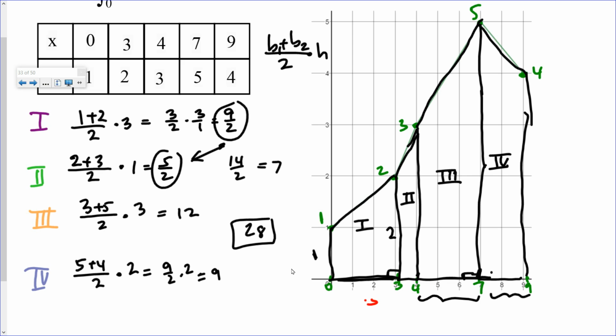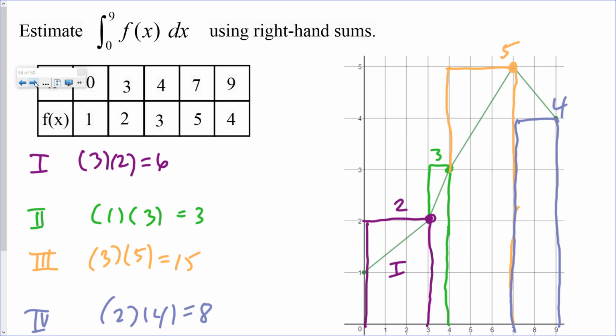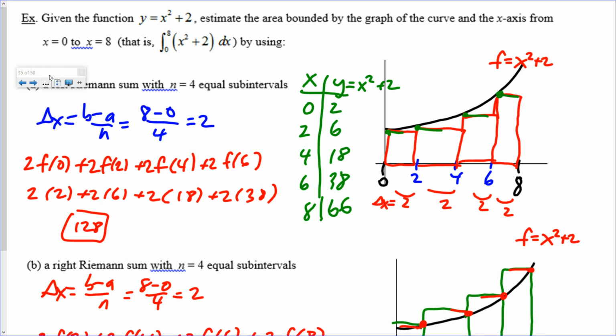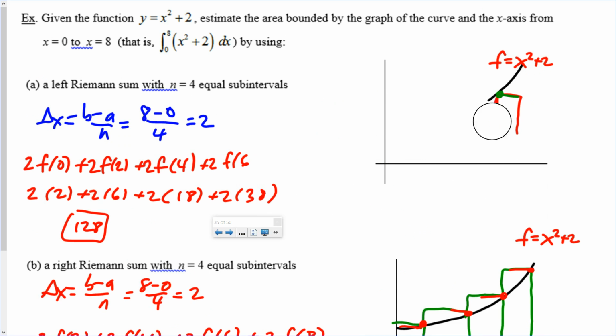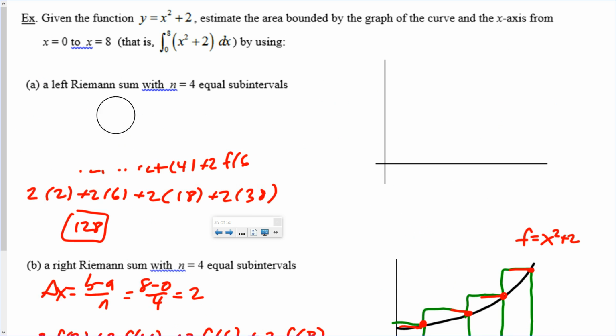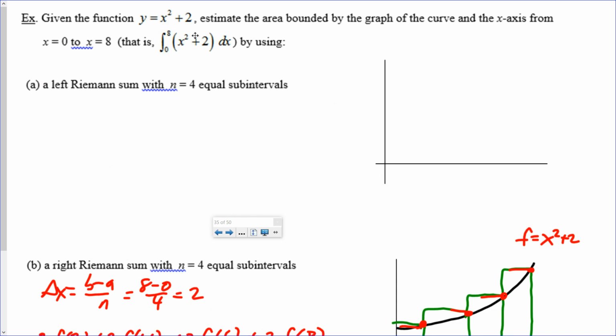Let's just go ahead and look at the next example on your right side. It says 4 equal subintervals. You're going to draw this picture, and you're going to get the area under the curve. The function is x squared plus 2, so that's just a parabola shifted up 2.